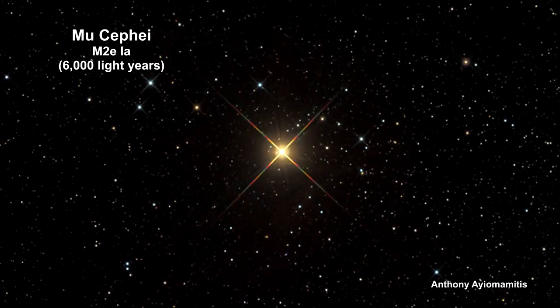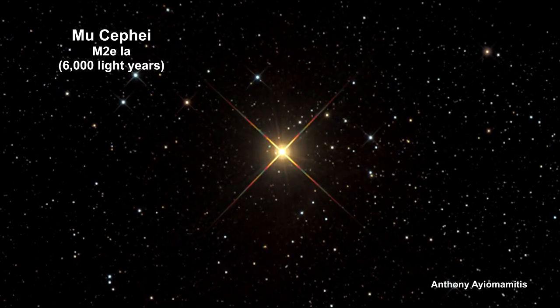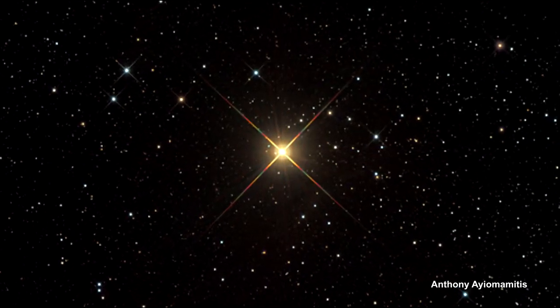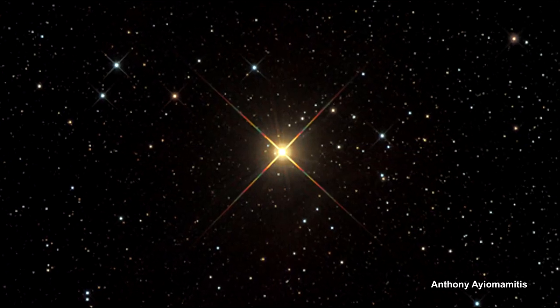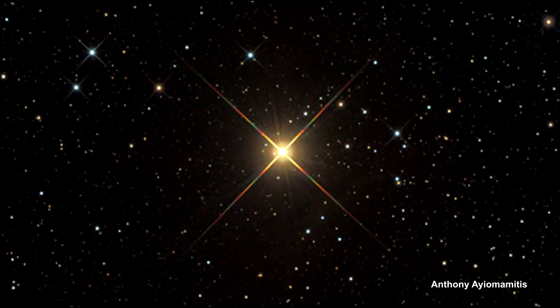Mu Cephei is a red supergiant star. In fact, it is one of the largest and most luminous stars known in the Milky Way. This star could fit 1 billion suns into its volume.